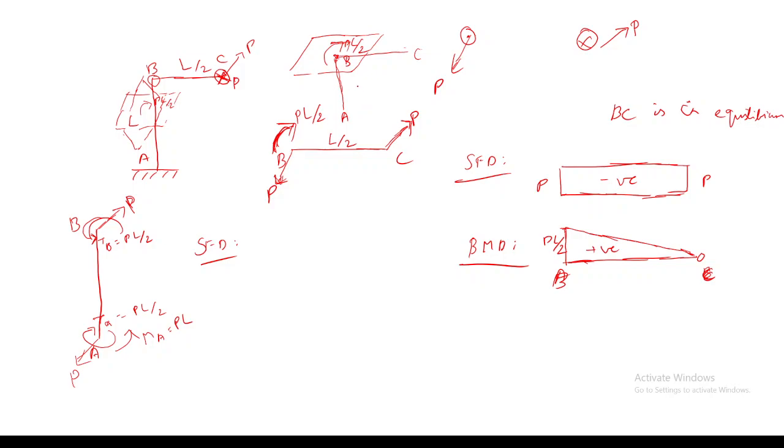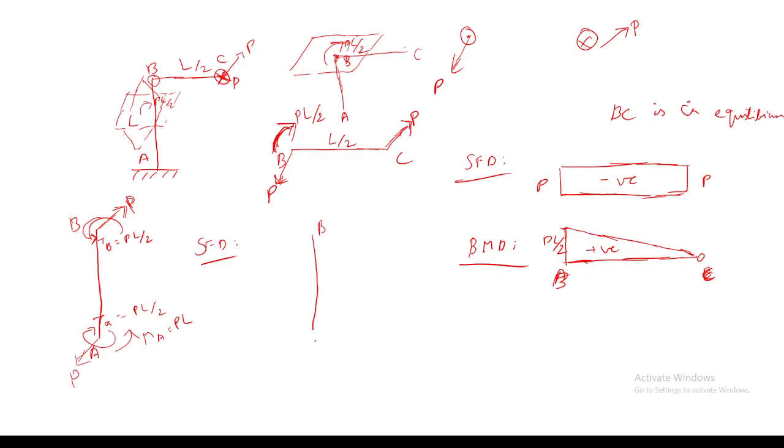Also there will be a bending moment for BA, because this is fixed, and you also have a force P. Due to this shear force P, you will get a bending moment at this fixed support A. So can you draw the shear force diagram for member AB?